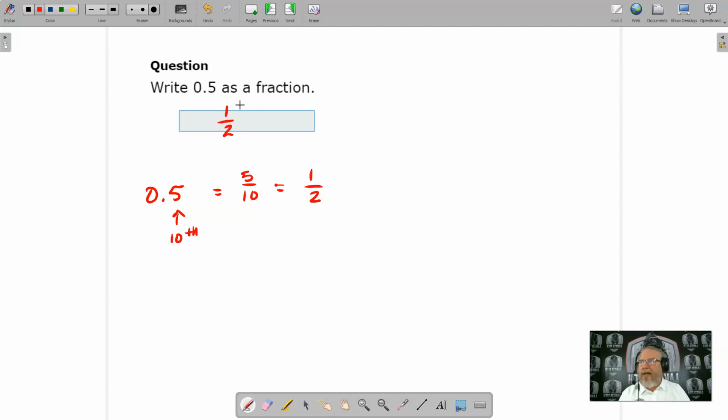Now, many of you might have said, well, I know that 0.5 is equal to 1/2, because of some of the popular ones that we have. 0.25 is 25 hundredths, and that is equal to 1/4, because they both divide by 25, right? So 0.25 is 1/4, and then this one that we did here, 0.5, like we said, that's 5/10, and that is equal to 1/2.